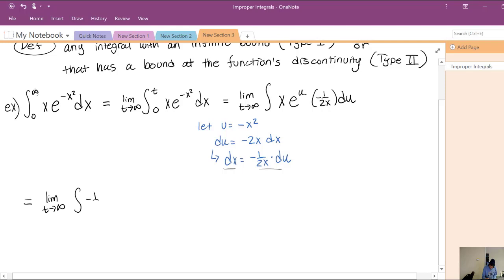And we can see, x and x will cancel, and we're left with -1/2 e to the u.